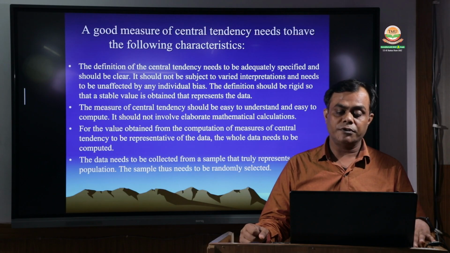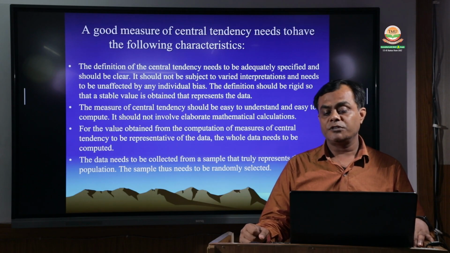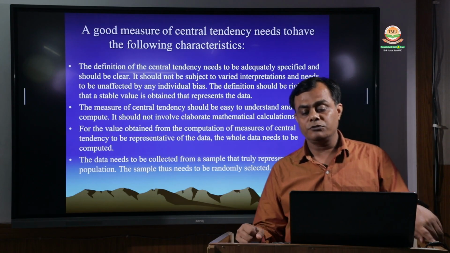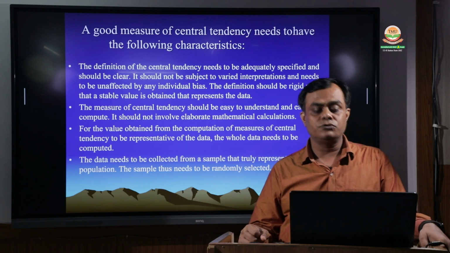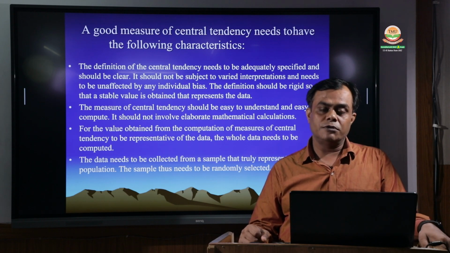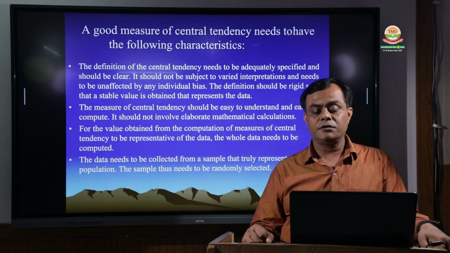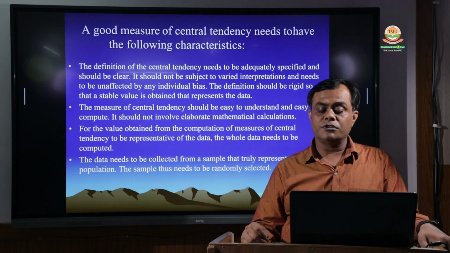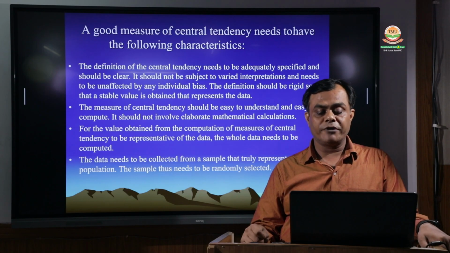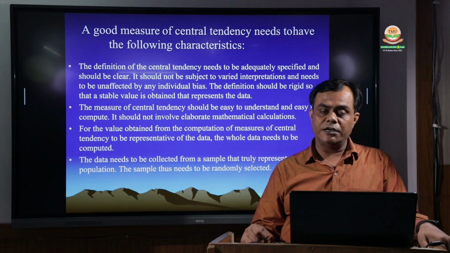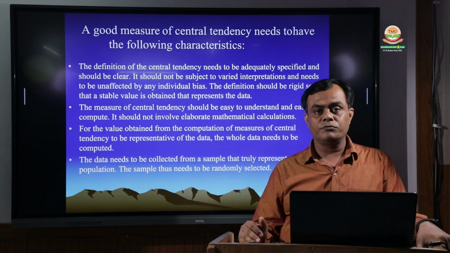It starts with the definition of the central tendency needing to be adequately specified and clear. So whatever the definition of the central tendency, it should be specified and clear. It should not be subject to varied interpretation and needs to be unaffected by any individual bias. So whatever definition you decide on should not vary on a situational basis.